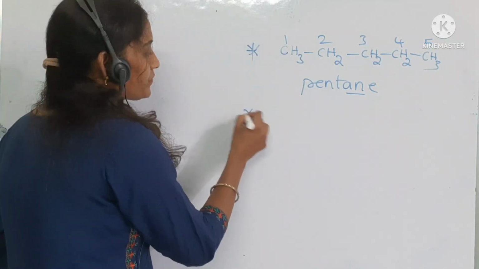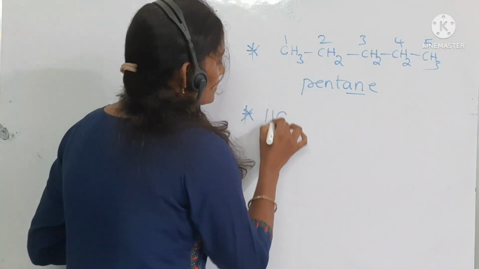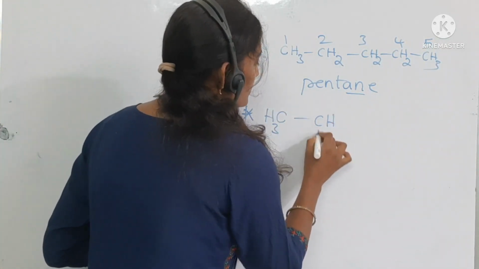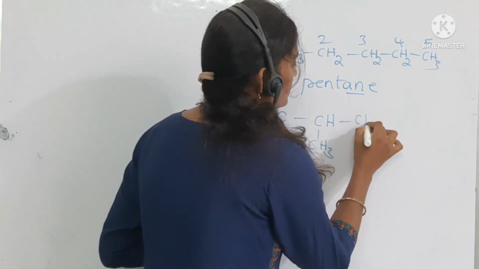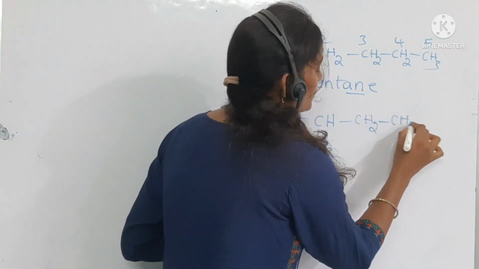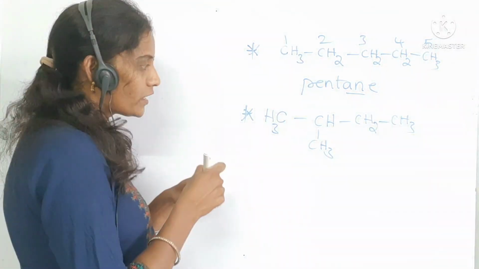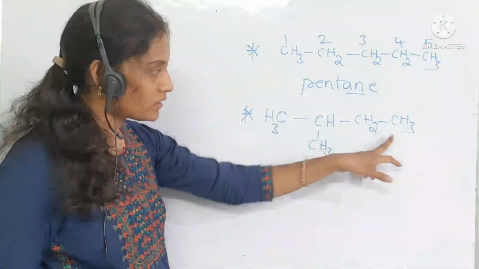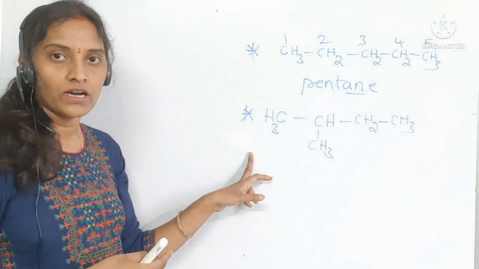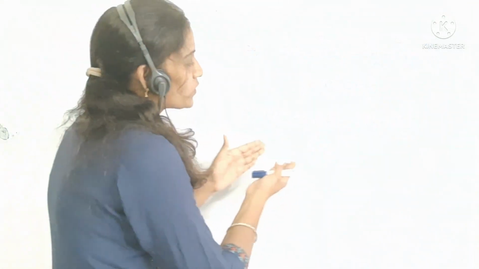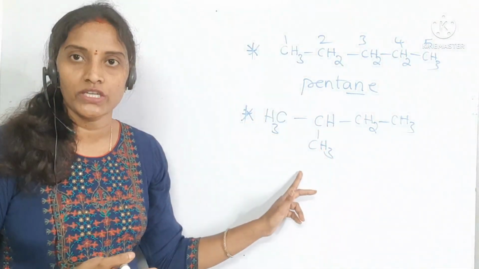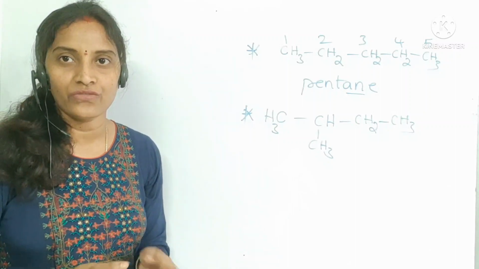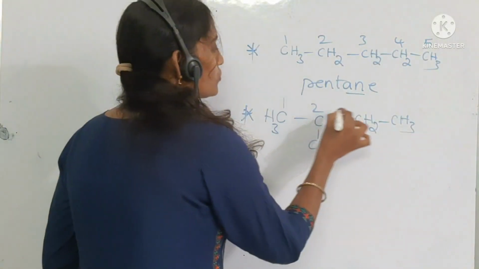You can see another one: CH3, CH, CH3, CH2, CH3, students. Here I am going to give numbering from left to right because on that side there are 2 carbon atoms, on this side 1 carbon atom. If I proceed from left to right, then the substituted carbon atom will get the less preferred one, so 1, 2, 3, 4.